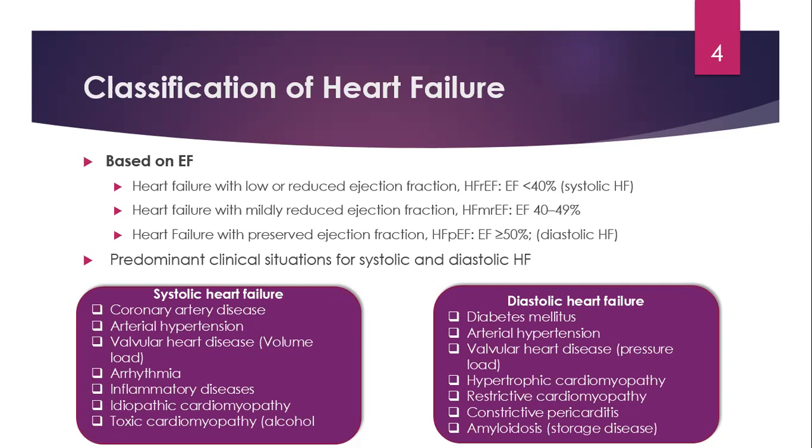So that nomenclature was changed recently to heart failure with mildly reduced ejection fraction. Because when you follow these patients, they tend to go into the overt reduced ejection fraction rather than to preserved ejection fraction. So the correct nomenclature now is mildly reduced ejection fraction instead of the previously used mid-range ejection fraction.